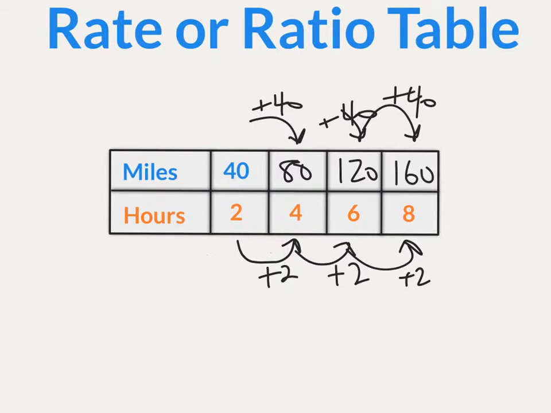That the relationship between these two values, 40 to 2, would also then translate to 80 for 4, 120 for 6, 160 for 8. A rate or ratio table is an excellent tool for visualizing the relationship between two values.